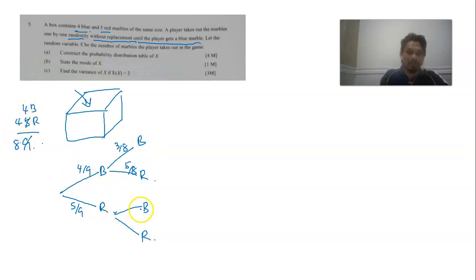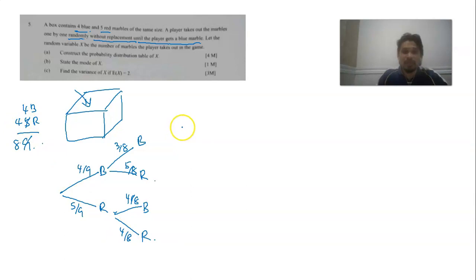So if the second ball is blue, there are 4 blue balls inside the box and the total is 8, which is 4 over 8. If the first ball is red and the second ball is also red, the red balls go from 5 to 4, so it's 4 over 8.